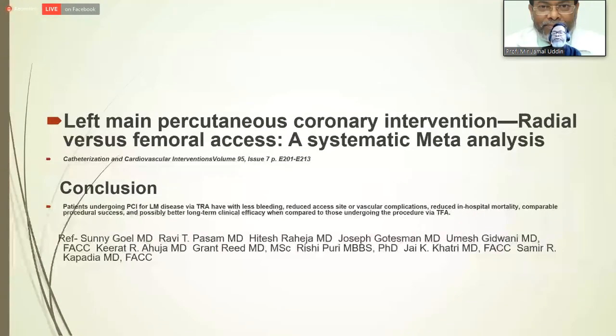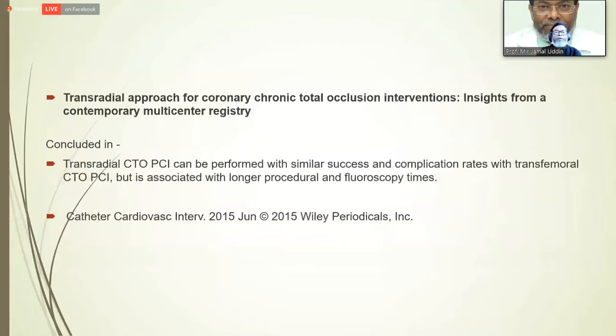In left main percutaneous coronary intervention, radial versus femoral access, a systematic meta-analysis was done, and they concluded that patients undergoing PCI for LM disease via the transradial approach have less bleeding, reduced access site or vascular complications, reduced in-hospital mortality, comparable procedural success, and possibly better long-term clinical efficacy when compared to those undergoing the procedure via the transfemoral approach.